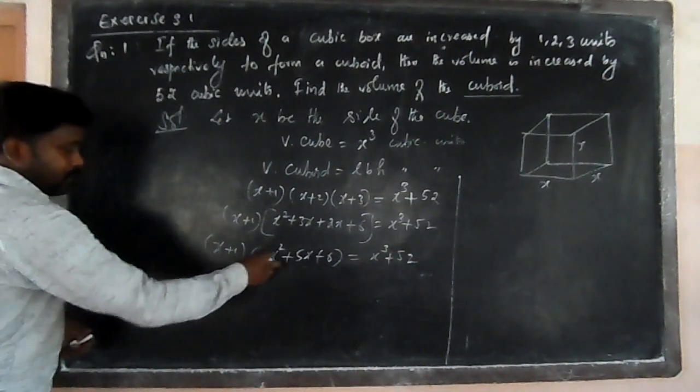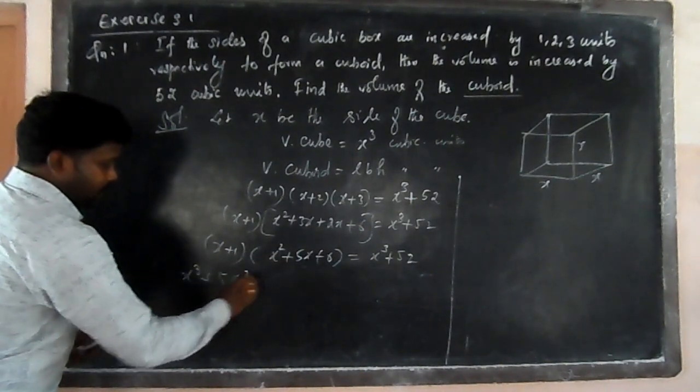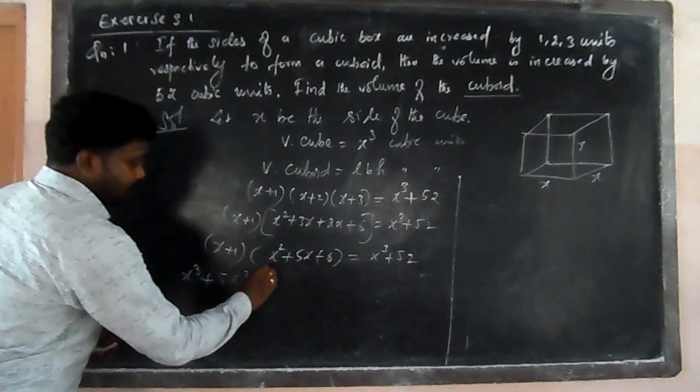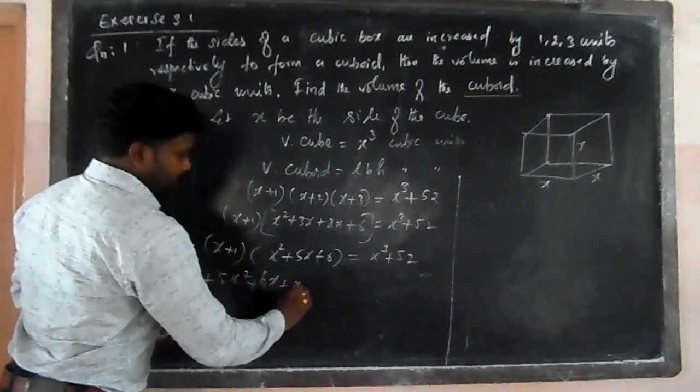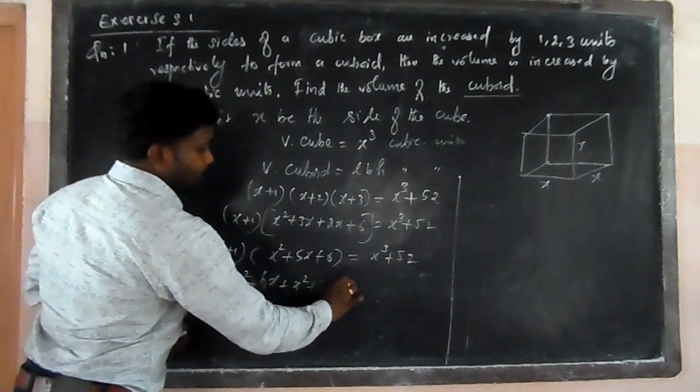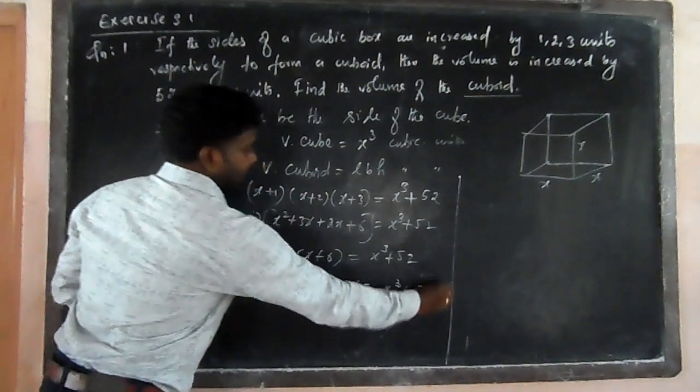Just multiply. x into x square is x cube. x into 5x is 5x square. x into 6 is 6x. Multiplying by 1 gives x square plus 5x plus 6. That is equal to x cube plus 52.